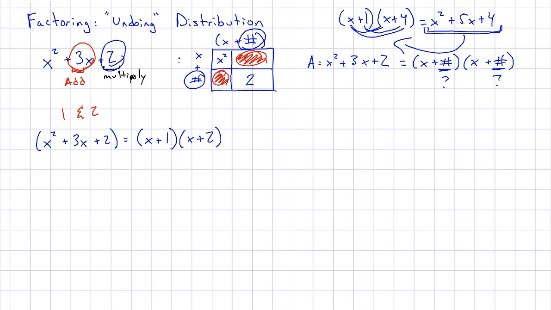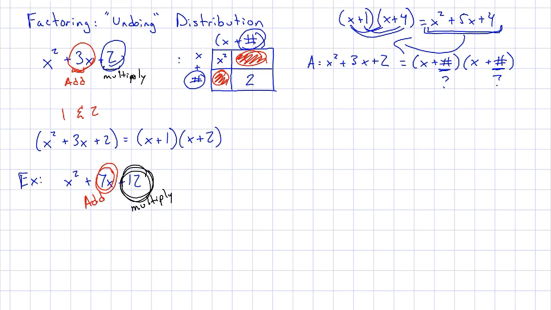So let's do another example. Let's consider x squared plus 7x plus 12. Again, I need my two values to multiply to equal the 12, and I want them to add to equal the 7.